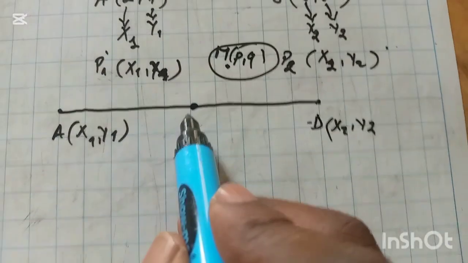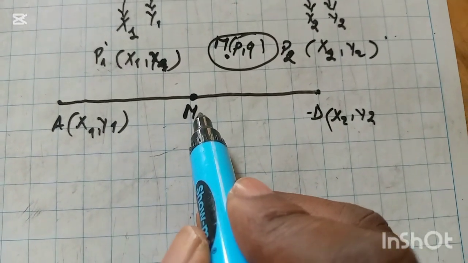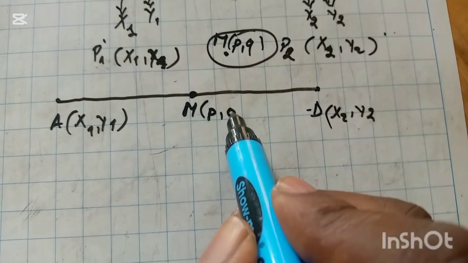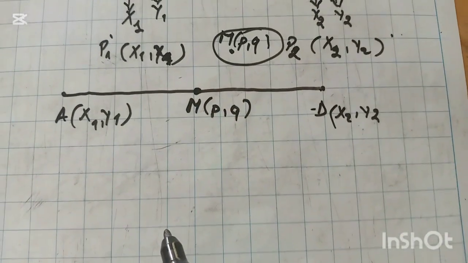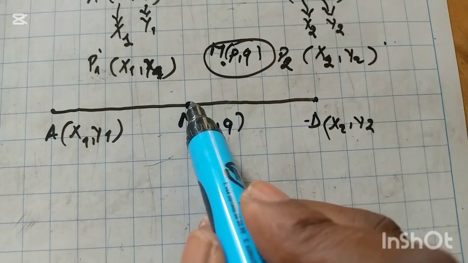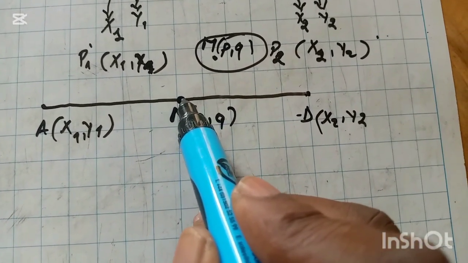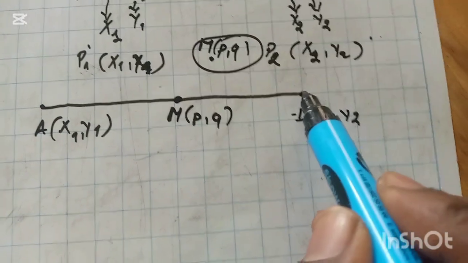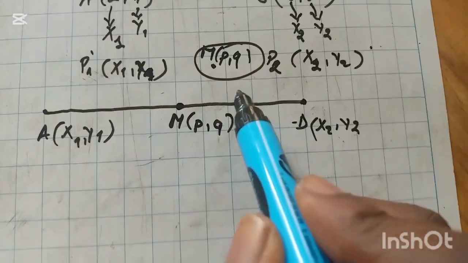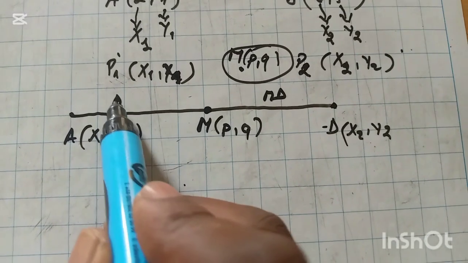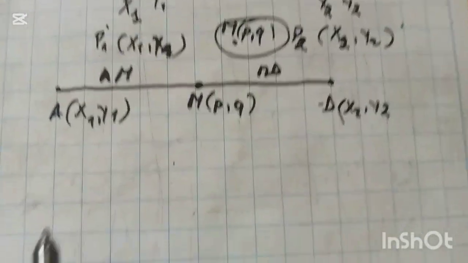Suppose that this is the point M with coordinates P and Q. So this part is starting from M to D. This is MD. This is AM, distance.